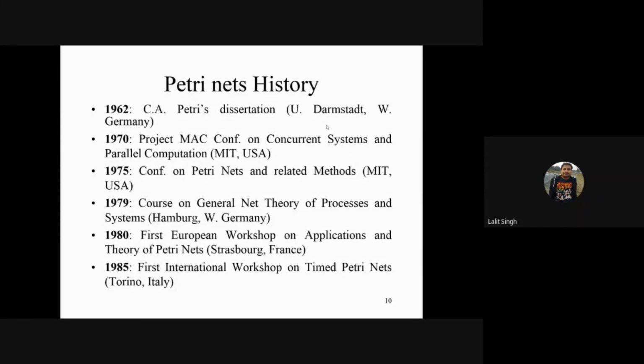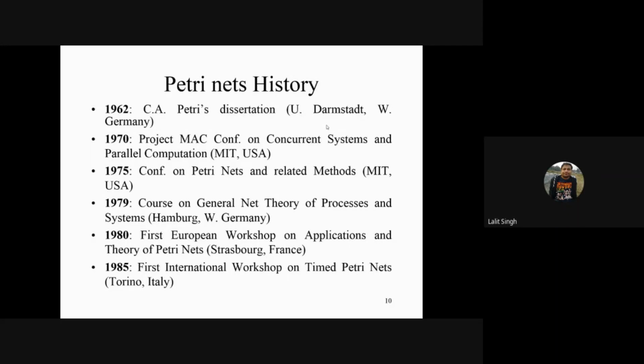So the concept was started in 1962 by C.A. Petri, who was a German PhD scholar. As I said, the concept was introduced to model the stochastic behavior of the process.